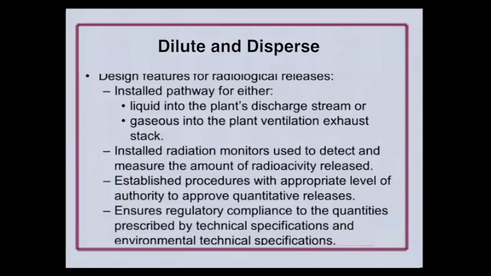All of this is there to ensure that the quantities released are as prescribed by the tech specs and the environmental tech specs, and they, by design, are there to protect the environment. I mean, that's the purpose of it, the general public and the environment.